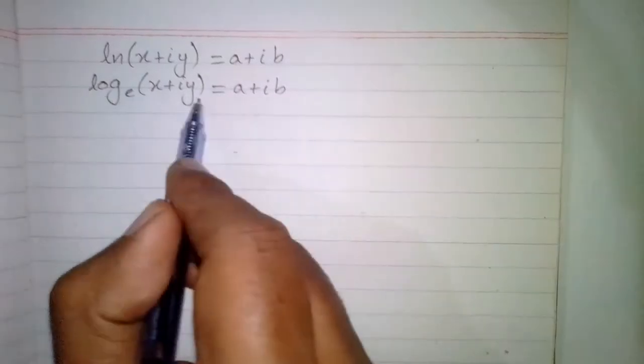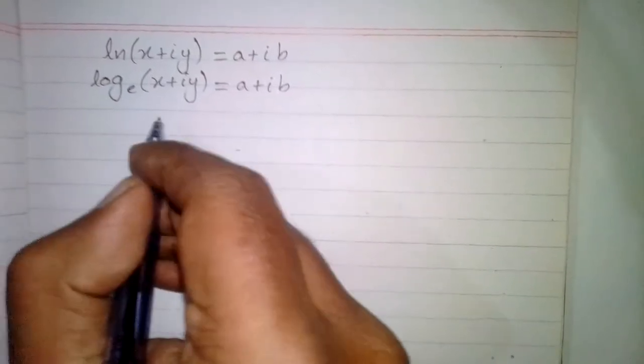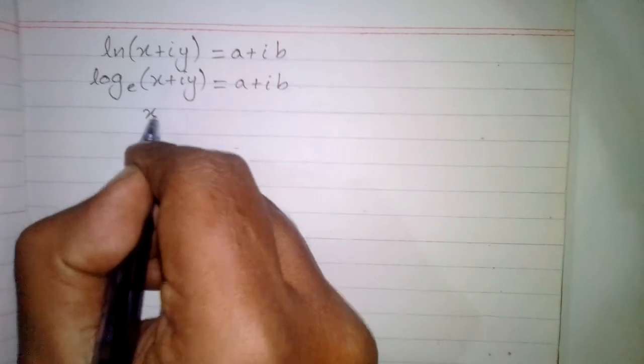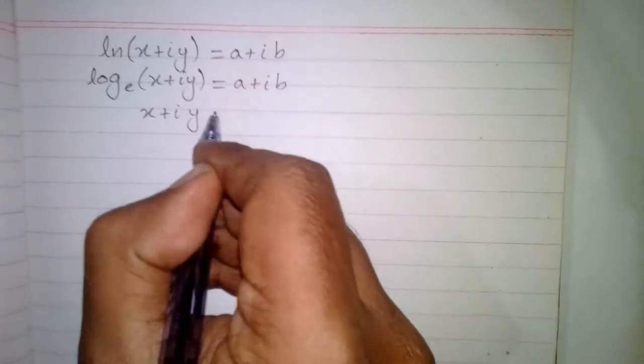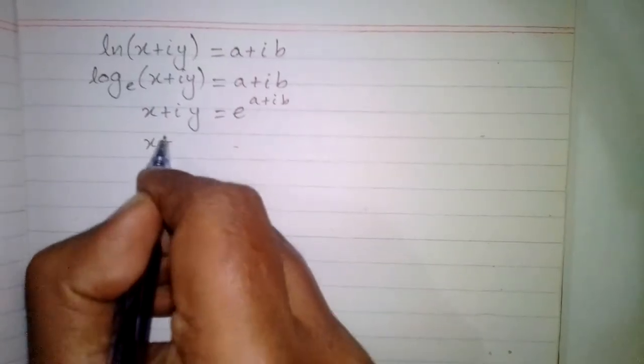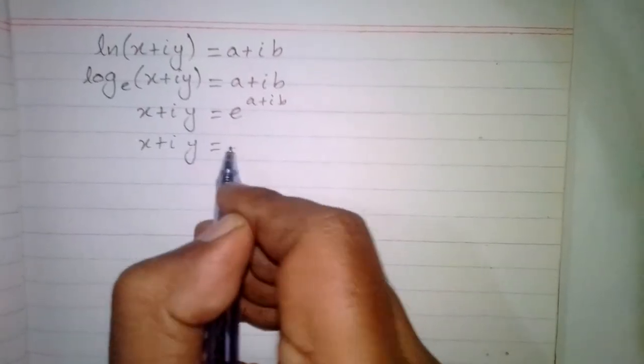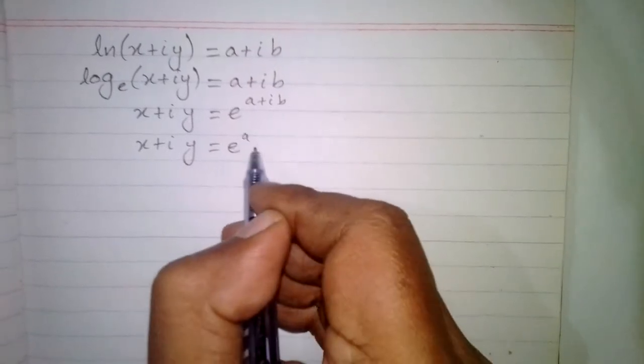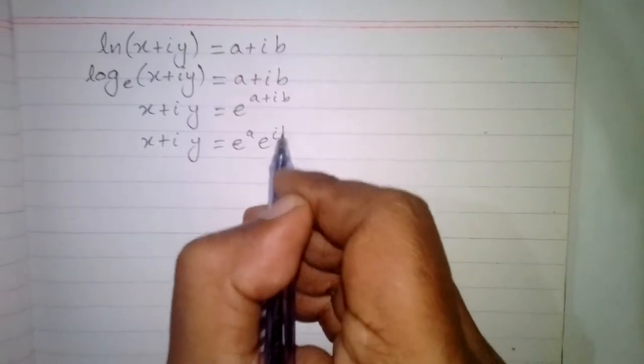And now we can write any log in the exponential form, so we have x plus iota y is equal to e to the power a plus iota b. Now this can be written as x plus iota y is equal to e to the power a multiplied by e to the power iota b.